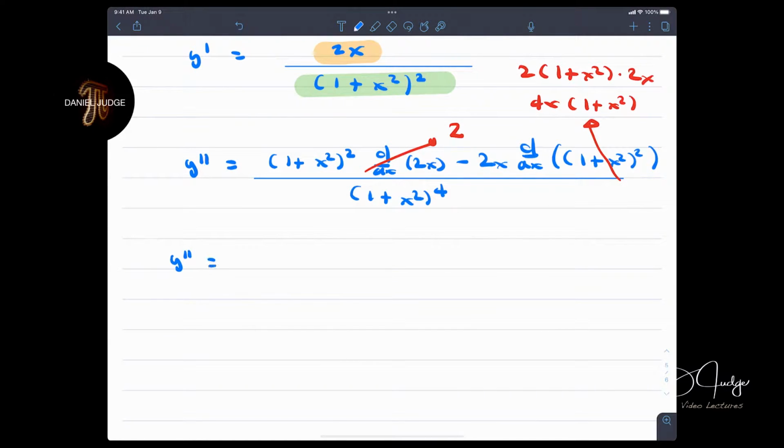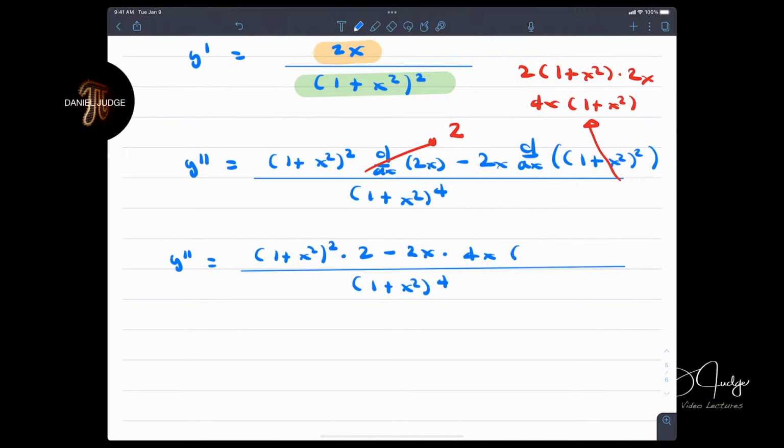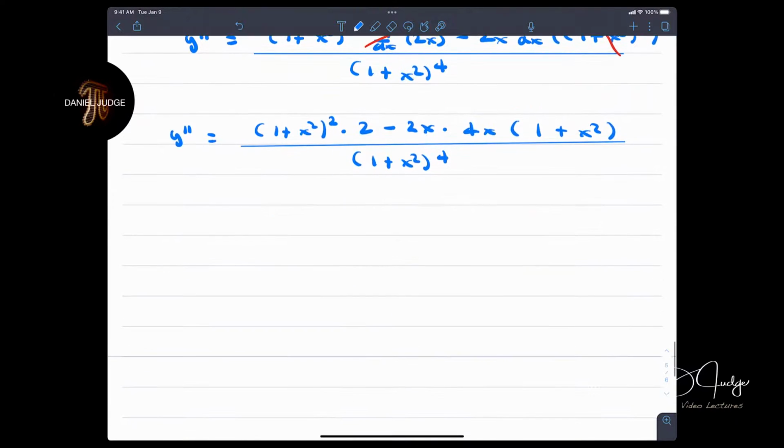Let's write down the algebra. 1 plus x squared to the fourth now. 1 plus x squared squared times 2 minus, this is going to be 2x times 4x times 1 plus x squared.